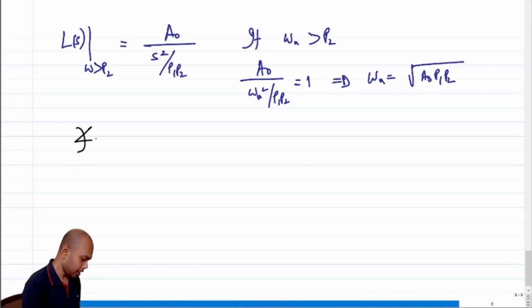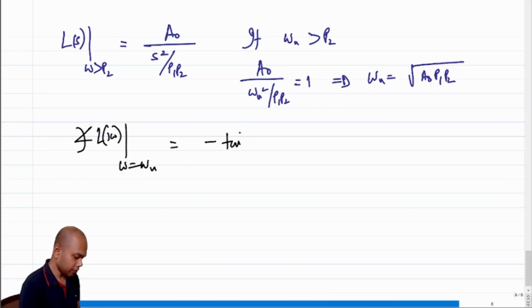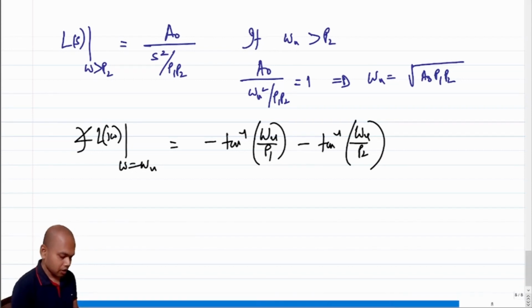So angle of L of j omega at omega equal to omega U, which is minus tan inverse of omega U by P1 minus tan inverse omega U by P2, correct?